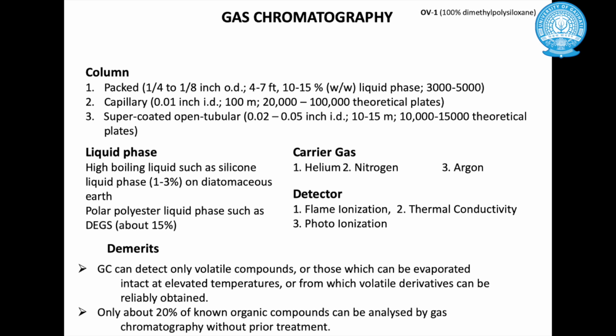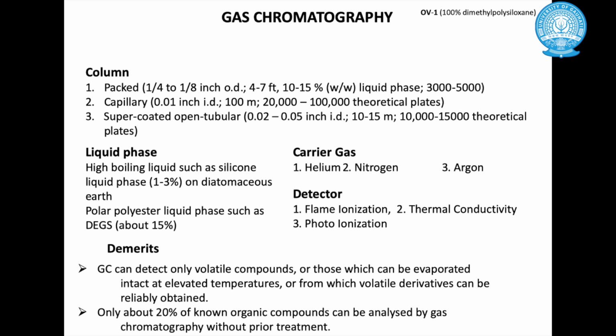Now GC can be used for detection of compounds, as I said, volatile compounds, but identification of the volatile compound as well as quantification of those compounds is possible only when we have authentic reference standards.